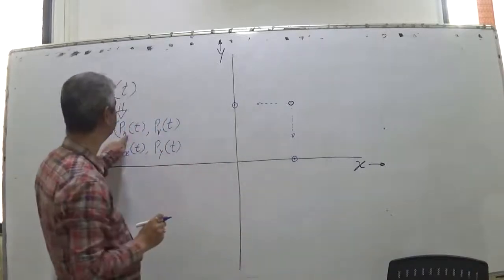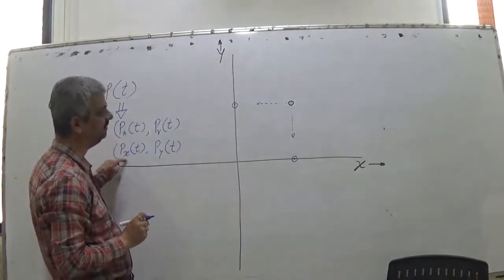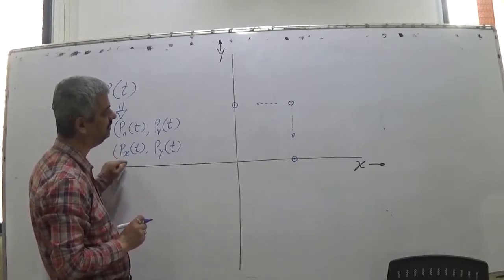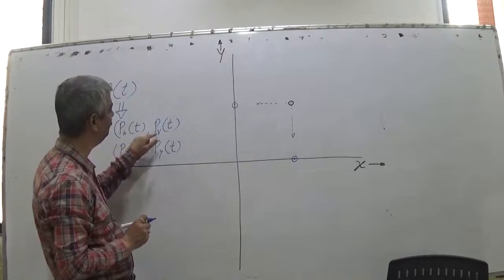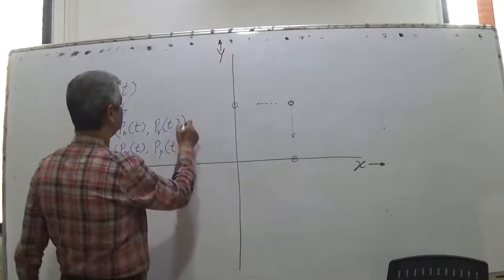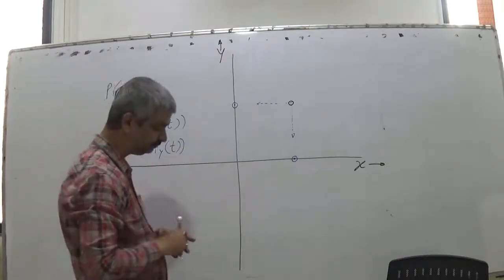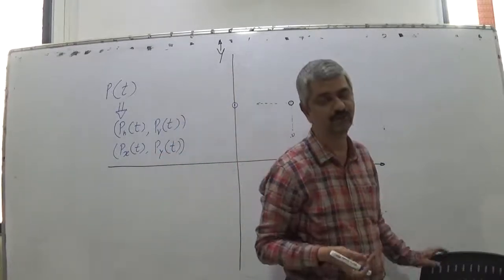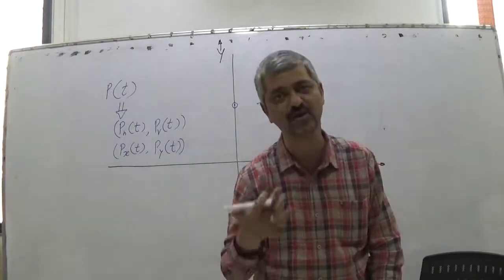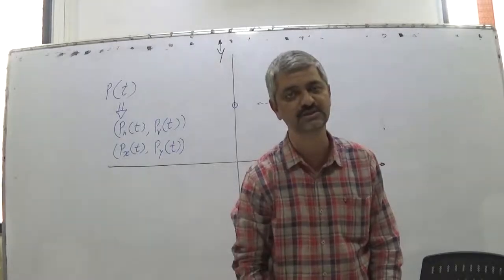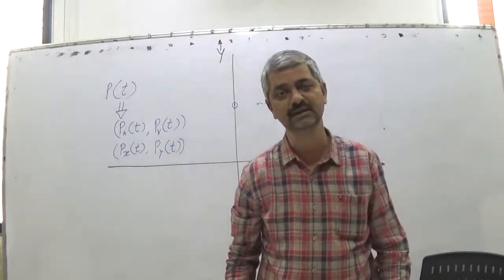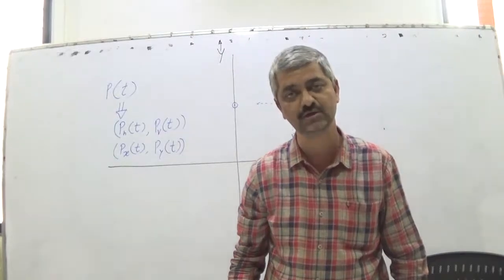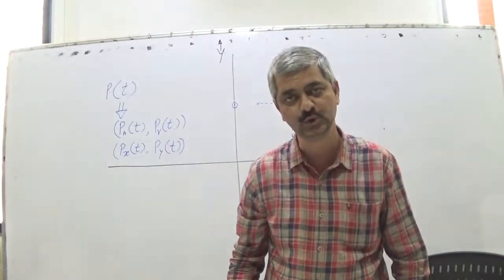So p_H(t) or p_x(t) is the movement of the horizontal projection of the point p(t), and p_V(t) or p_y(t) is nothing but the movement of the vertical projection of the point on the y-axis. So the position signal p(t) is an ordered combination of the two.